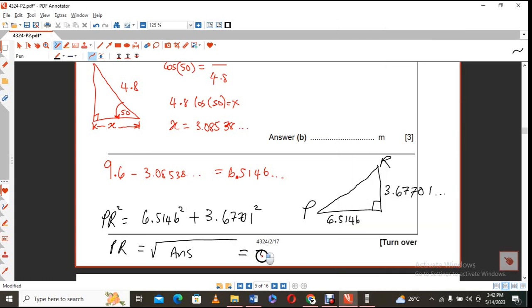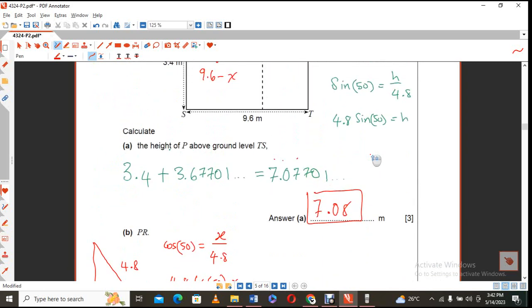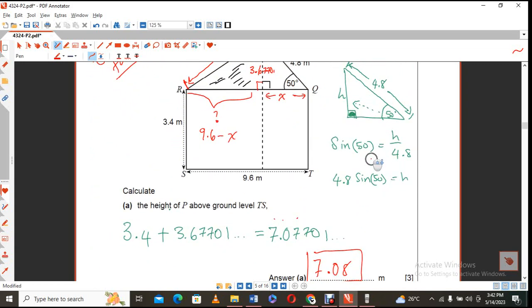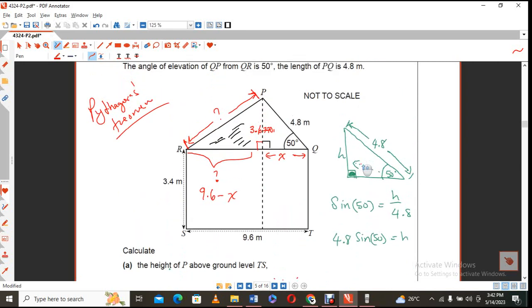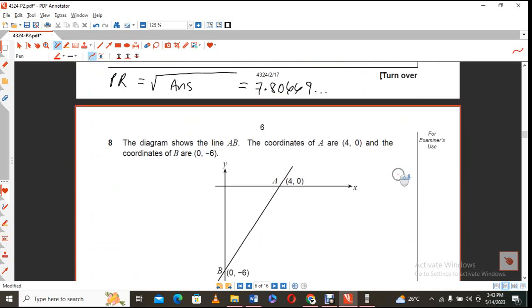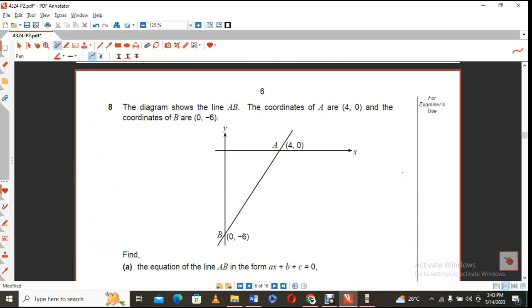So it's 7.80669 and so on. Then to three significant figures, it's going to be 7.81. Okay, so that does it for us to find those two distances that were required. Of course, give your answer to three significant figures.